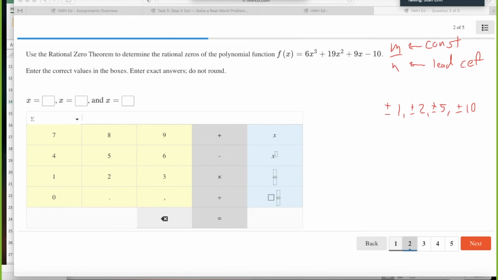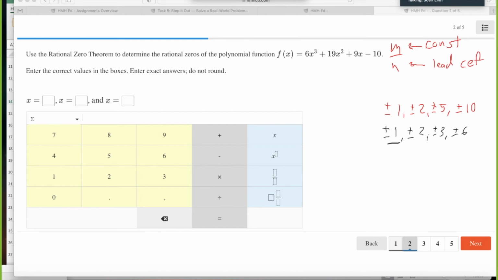So that is our numerators. Our denominators could be plus or minus 1, plus or minus 2, plus or minus 3, plus or minus 6, because again, I got that from our leading coefficient. I'm going to start with a 1 on the denominator so that we can use some of the techniques that we have already learned.